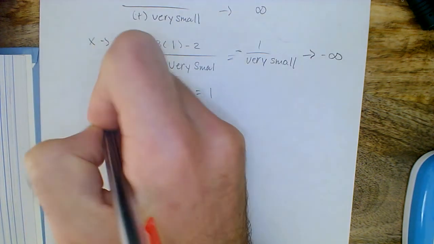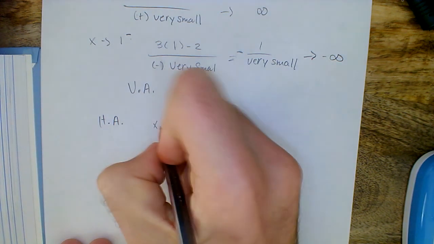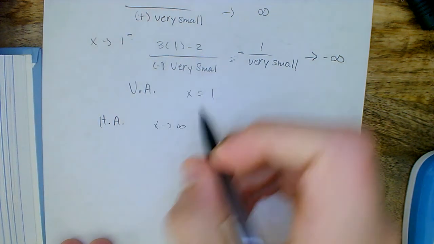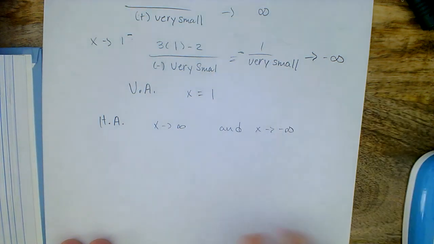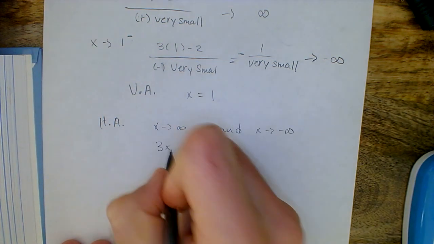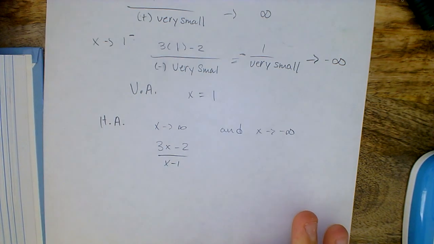Now horizontal asymptote, we have to look at x going to infinity, the end behavior, and x going to negative infinity. So of (3x minus 2) over (x minus 1).